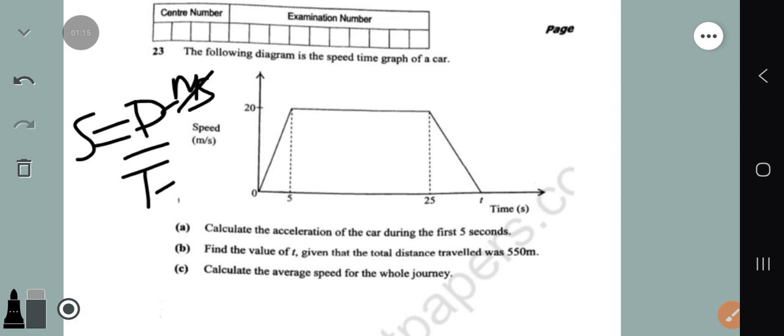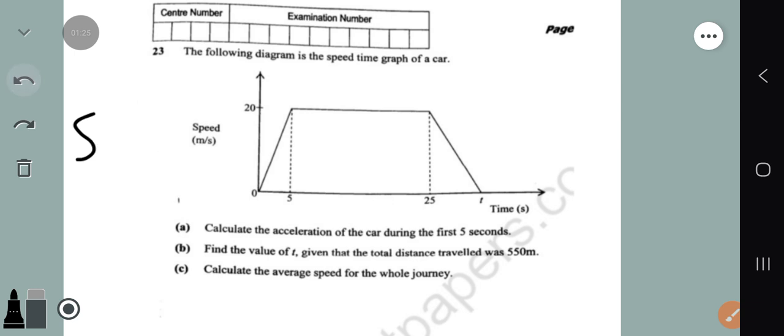So speed is distance over time, or velocity is distance over time. Right. So now, since we know the units for speed, meters per second, and units for time, let us look at how we can actually handle these questions, right?